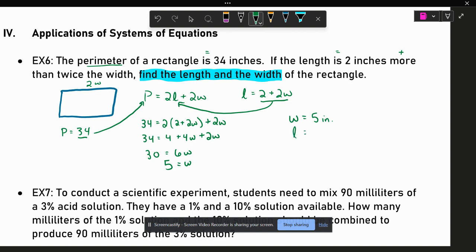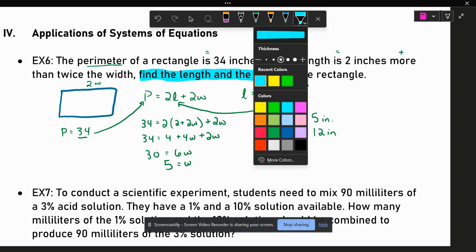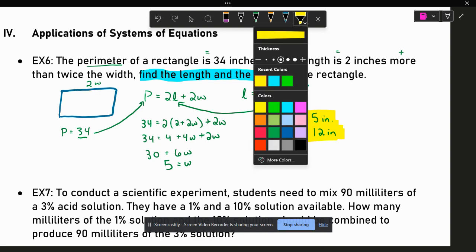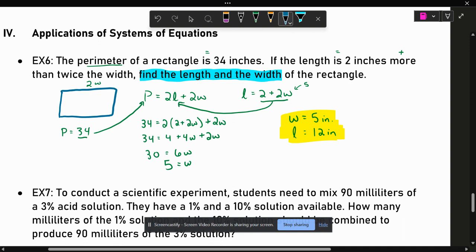My length, I'm going to plug in the 5 into my length equation, and I'll end up with 12 inches. Okay. That one's not too terrible. Questions at all?